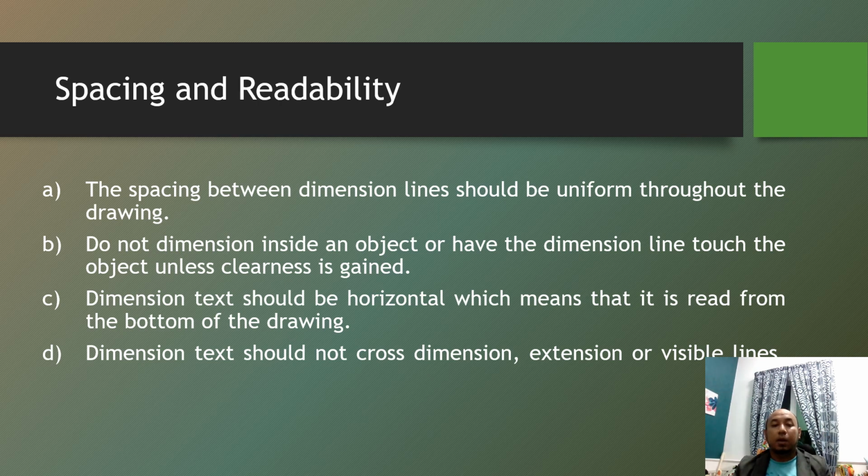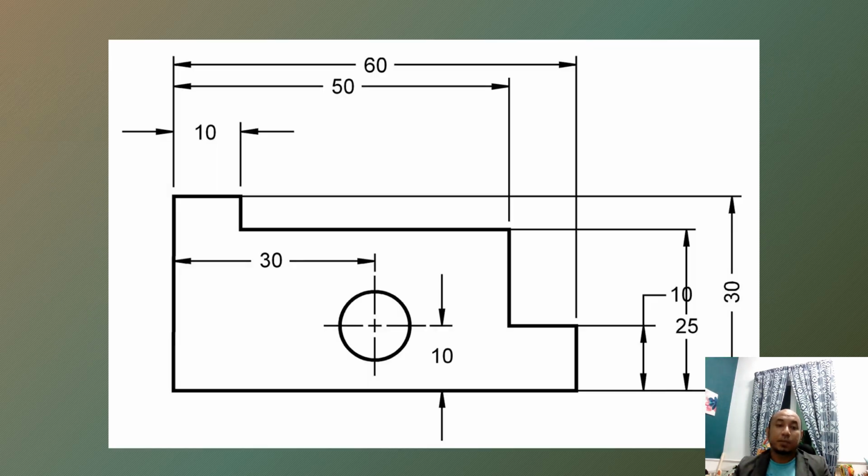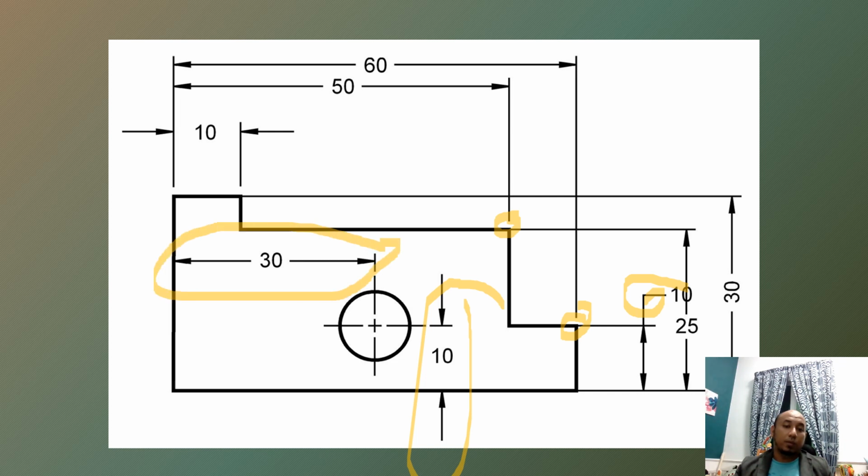And then dimension text should not cross dimension, extension, and visible lines. For example, it's like this. Okay. Okay, so they have the dimension layer. So like this, and the other. Better this one. And the gap between the circle and the outside there.